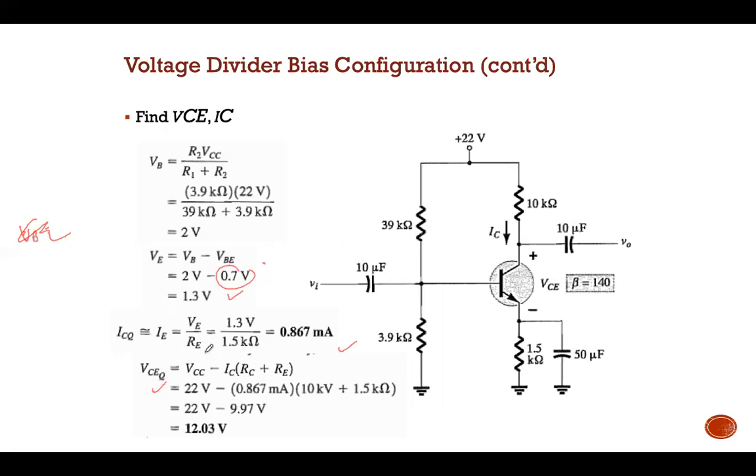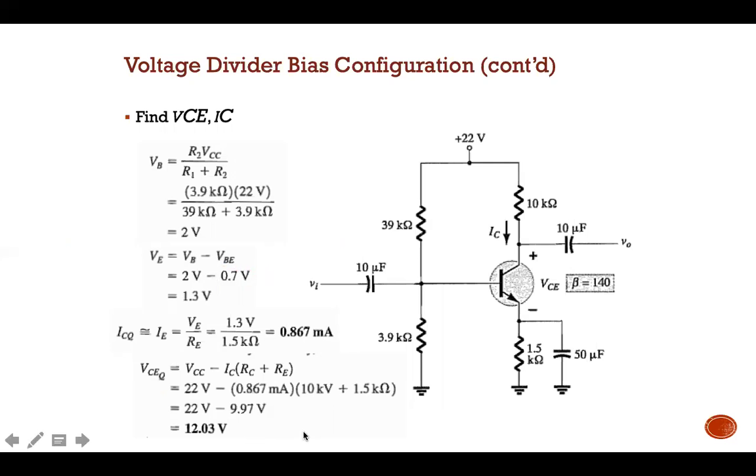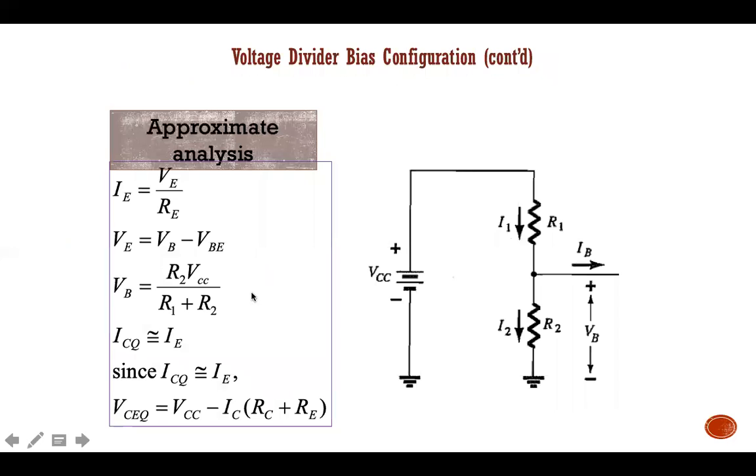And lastly, you can calculate the VCE using KVL. Just use this one, and you will get 12.03 volt. Basically, if the question doesn't ask you to derive, and you remember the formula, you can just use it.